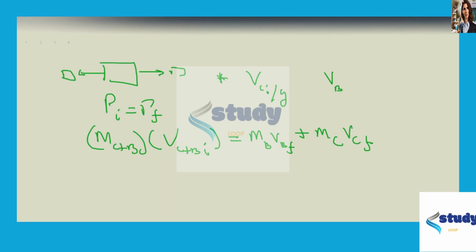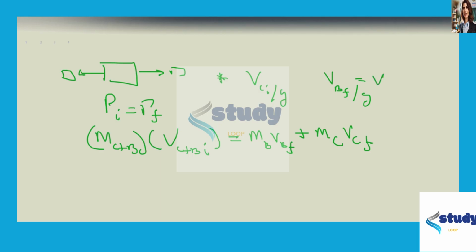We want to say the final velocity of the block relative to the ground. So that's what we want to find out. So the final velocity of the block relative to the ground equals the final velocity.